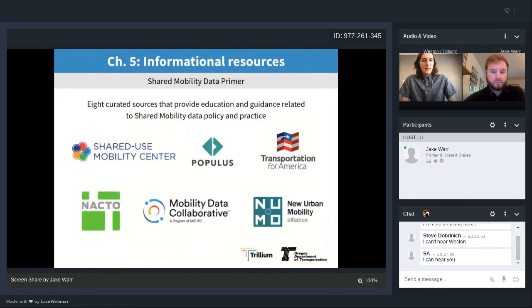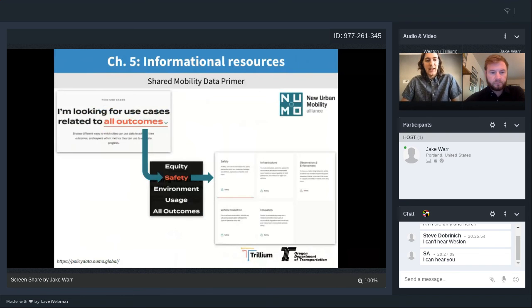And then the last chapter, informational resources, includes some next step resources that we recommend for jurisdictions who have fully digested the primer and are seriously looking into starting a shared mobility program. And to give an idea of what those resources look like, we have an example here of the New Urban Mobility Alliance's website, where you can actually browse use cases under specific outcomes. So in this example, we've selected safety as the outcome that we're looking for use cases related to.